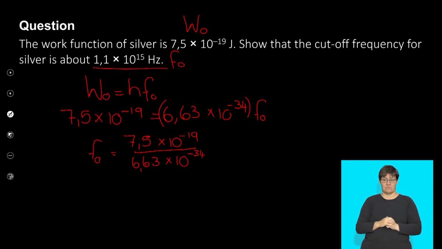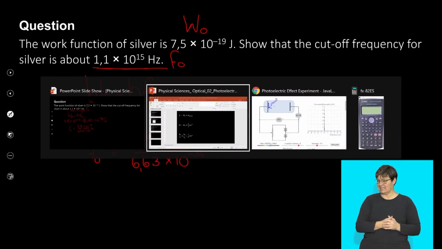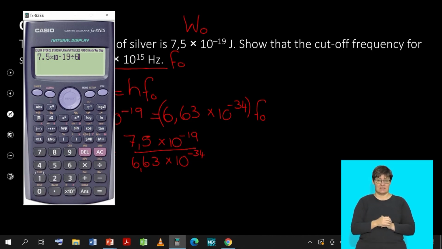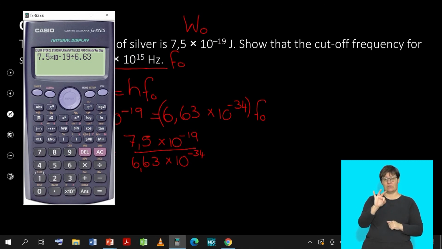We're going to need our calculators. This is not a nice one to do in our heads. So we're going to go 7.5 times 10 to the minus 19 divided by 6.63 times 10 to the minus 34.